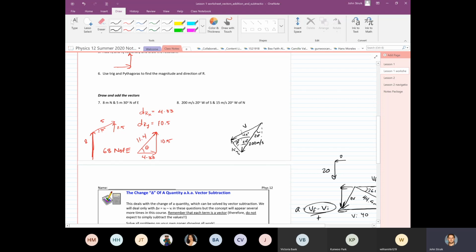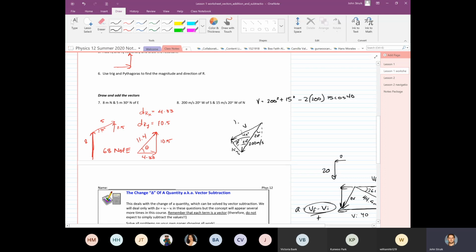I'm trying to do cosine law now so that we can kind of see both methods. So this one's going to be V equals the square root of 200 squared plus 15 squared minus 2 times 200 times 15 times cos 40. Does everyone see how I'm getting that 40? Yeah? Okay. And then if we do it that way, 200 squared plus 15 squared minus 2 times 200 times 15 times cos 40 equals the answer.